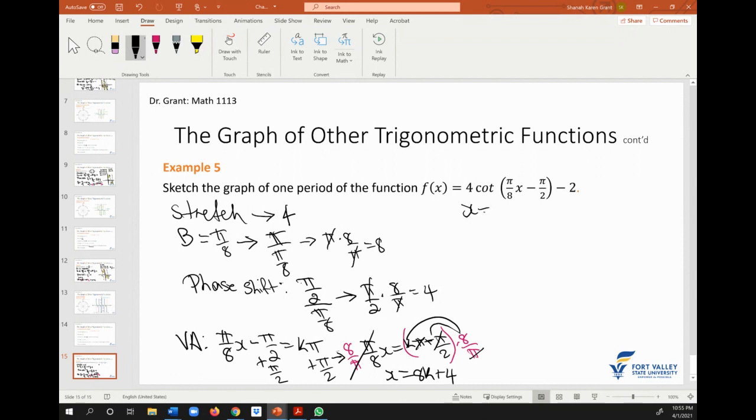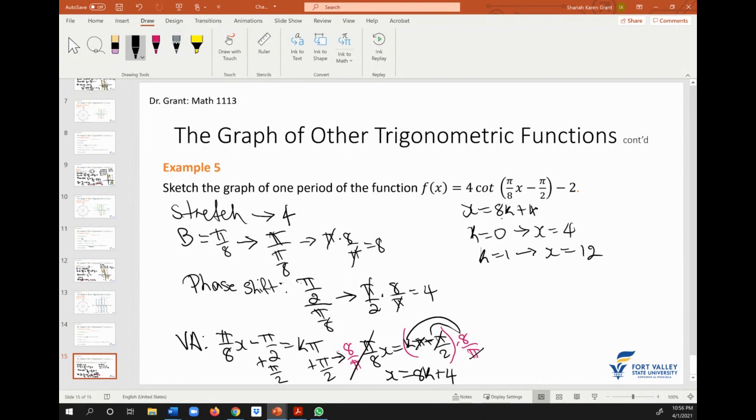So if the vertical asymptotes are found at 8k plus 4, I'm going to let k be equal to 0. Then that means x equals 4 is one of my asymptotes. If I let k equal 1, that means x equals 12 is also one of my asymptotes.